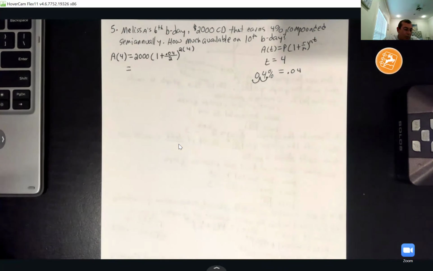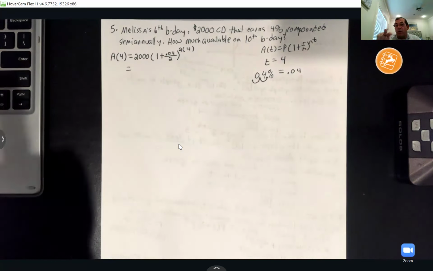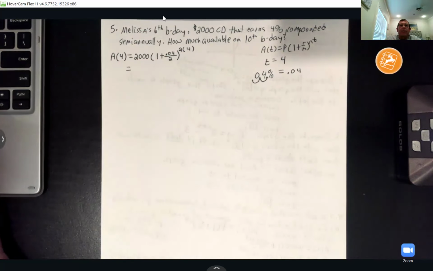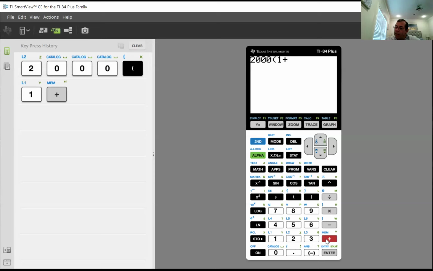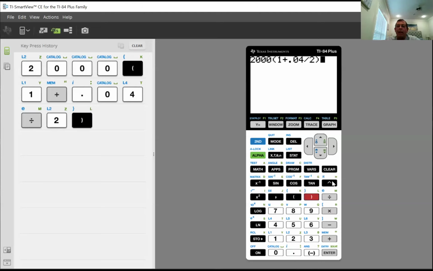So what we're going to do, this one wants it rounded off to the nearest cent. So that's 2 decimal places. So let's go punch that in and round it 2 decimal places. And I'm just going to punch it on the front. I got my 2,000 parentheses 1 plus 0.04 divided by that 2, close parentheses, and then my exponent was 2 times 4.